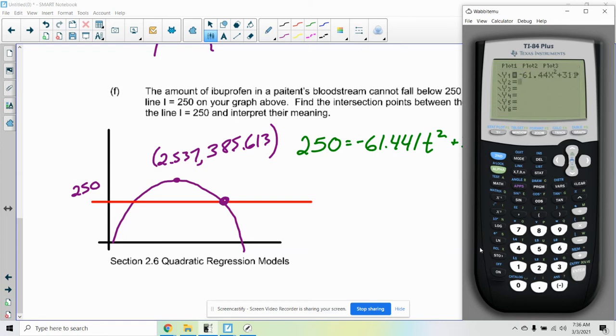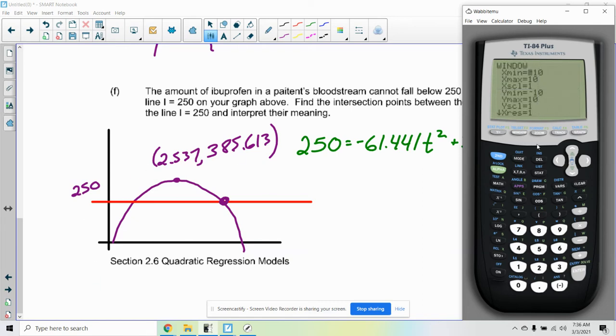And I'm also going to graph the line y equals 250. Then I hit graph, and it might show up, it might not, because your window is not set to this problem specifically. So we have to set our window to fit this image.